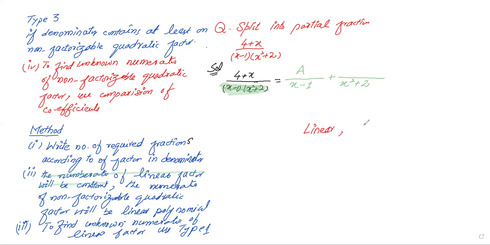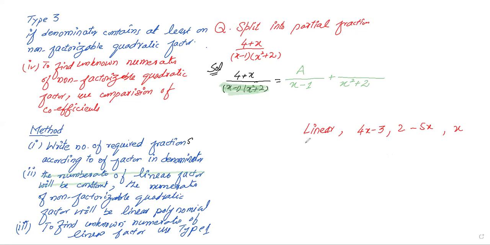Just like 4x − 3. That is a linear polynomial because the highest power of x is 1. The degree of the polynomial is 1. 2 − 5x: the highest power is 1. Simple x: the highest power of x is 1. So over here we have a linear polynomial.